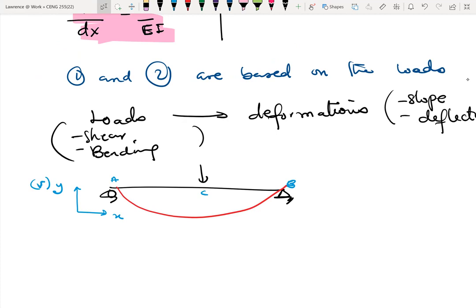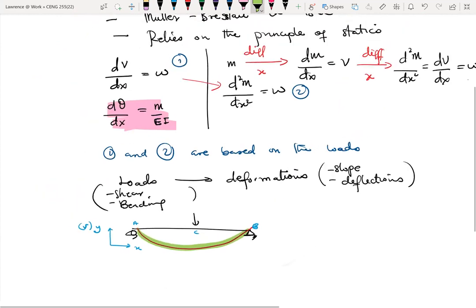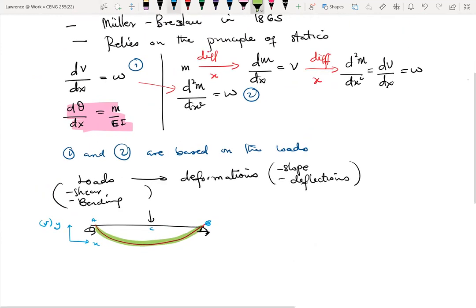All right. So the curve here, the elastic curve here, is a plot of the deformation along the various points of the beam for every x. All right. So this elastic curve equation, we also saw it to be d squared y over dx squared equal to M over EI.